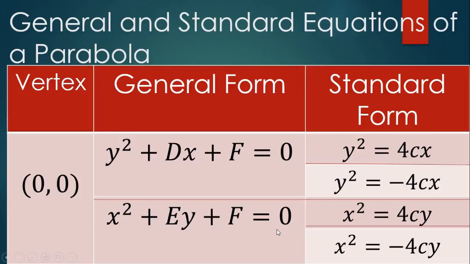Now, in converting the said equation to standard equation and vice versa, most of the time, the vertex is located at (h, k), because when a general equation is converted from the standard equation of a parabola wherein the vertex is located at the origin, we can easily determine the general equation by transposing the terms on the right side of the equation to the left side.